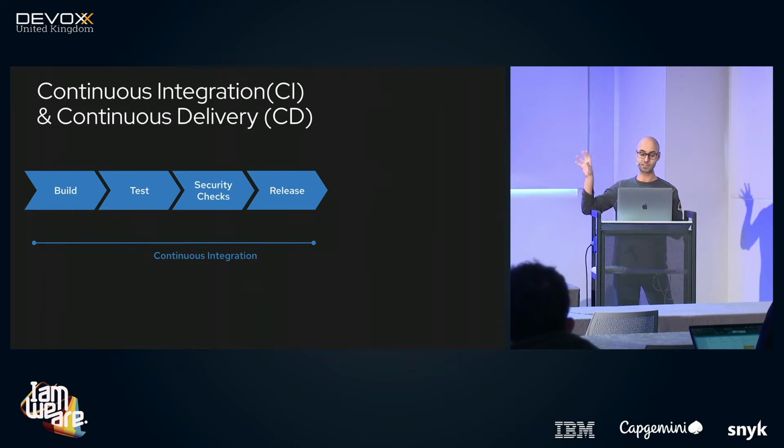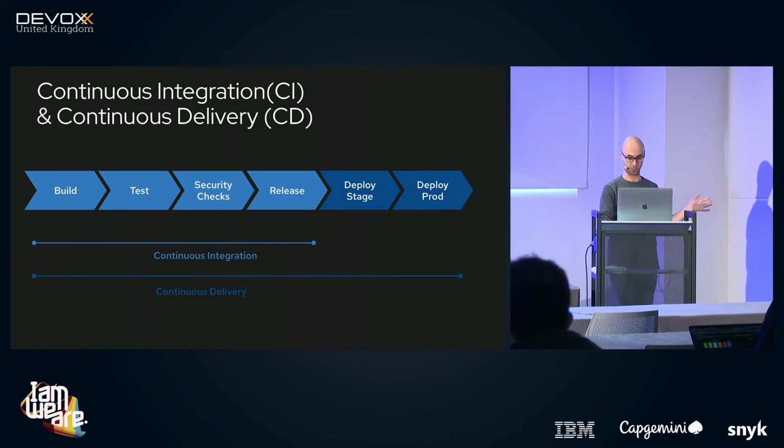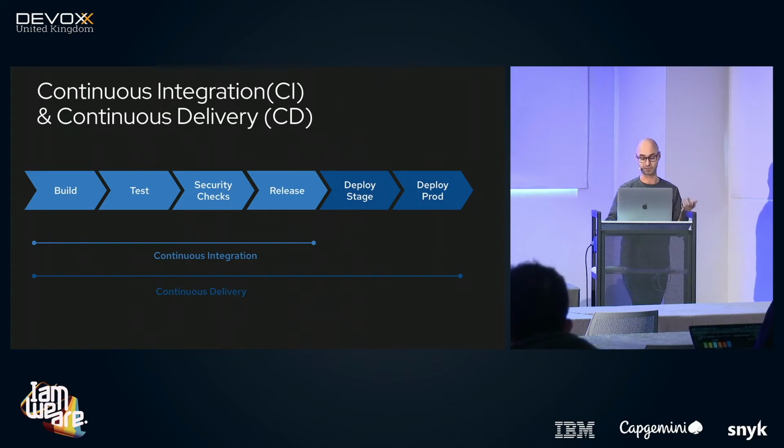And in the context of continuous integration, releasing means that we need to take our container, jar file, WAR file, or our application and upload it to an artifact repository. This is the release process. And then, of course, we've got deploying to the stage environment and deploying to the production environment, which is the part of continuous delivery. So if we automate all these parts, then we will be able to release often.